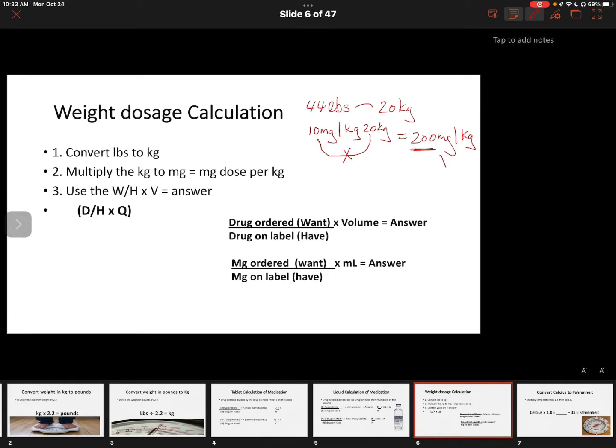This represents a 24-hour period, one day. The patient should not exceed more than 200 milligrams a day because they only weigh 44 pounds or 20 kilograms.